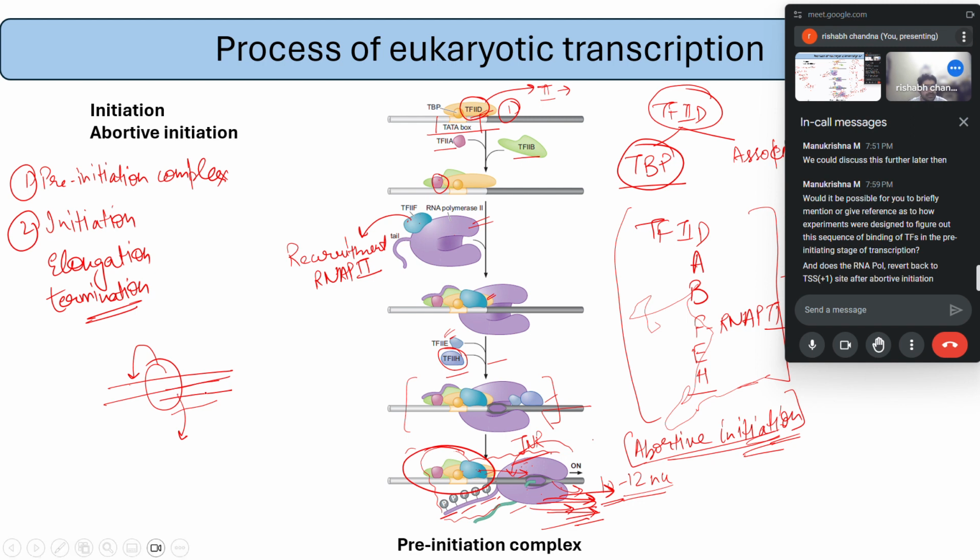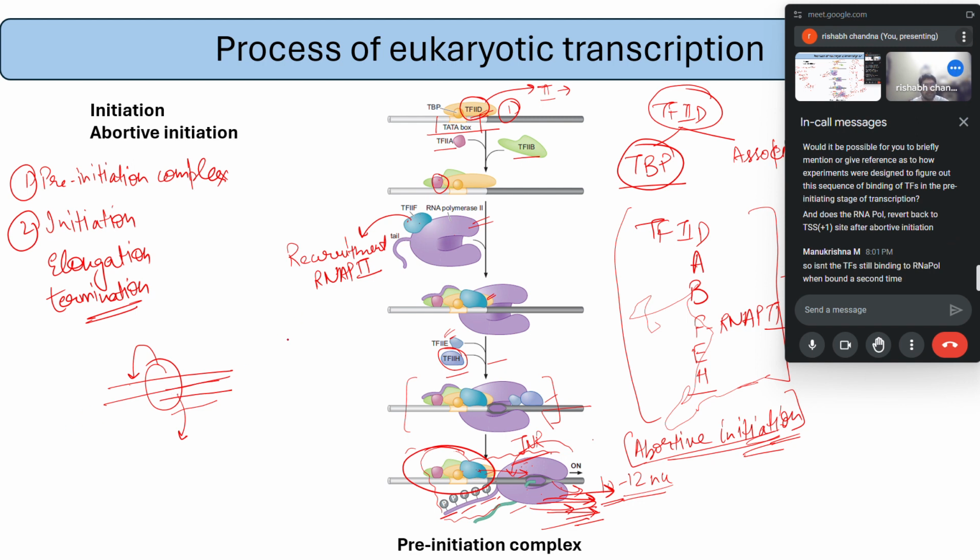Am I clear with the answer? The thing is, this binding is so strong and they have the particular signal to bind to the promoter, so they don't fall off during abortive initiation.